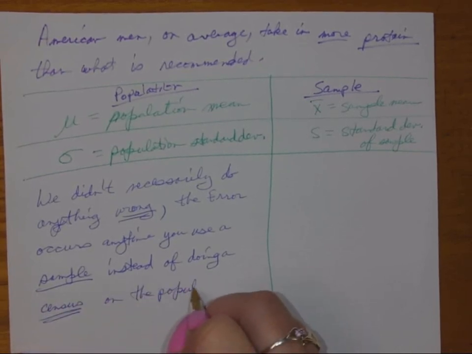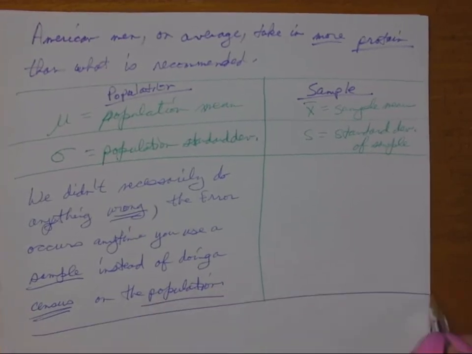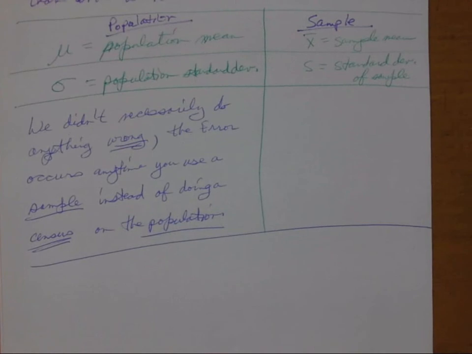It just happens because it's not going to be exact, because we're estimating, we're representing, right? It's a representative sample, but it's not going to be exact, and it's not that we did anything wrong necessarily. So I want you to be really aware of that. It's not a bad thing necessarily.